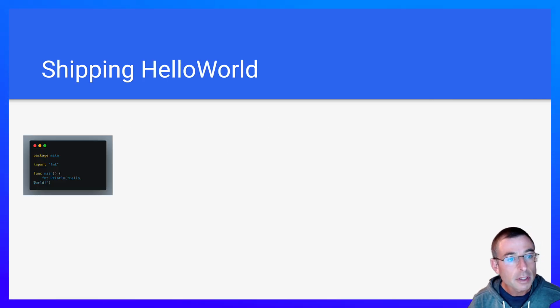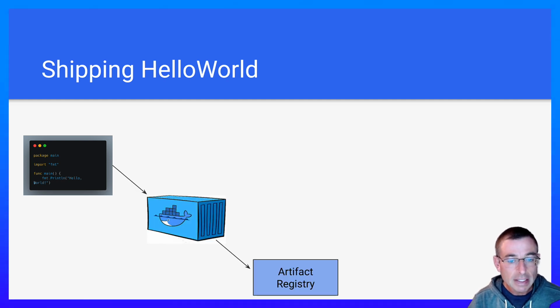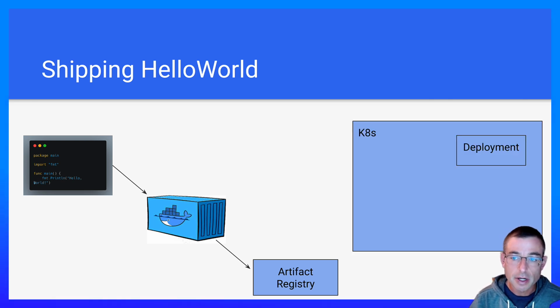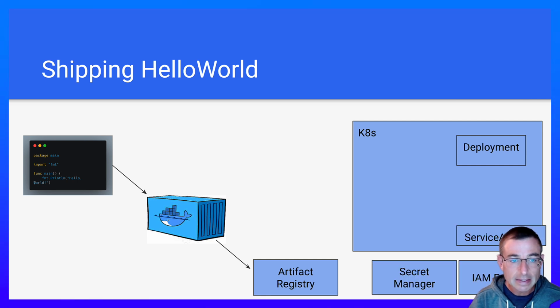And we can see that if we take a look at what it took to get this Hello World service that I built into production. So I wrote some Go code, and most of that was actually written by OpenAI. And then I built a container and pushed that to Artifact Registry. And then since I was deploying this on Kubernetes, I had to create a Kubernetes deployment resource. And since I needed to access a secret in Secret Manager, I had to create a service account and set up IAM policies as we saw in the demo.